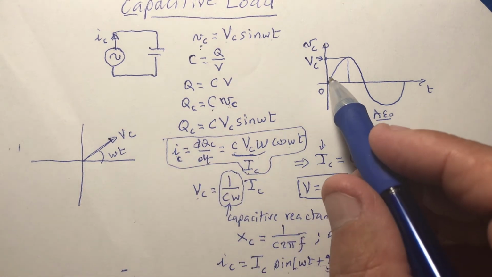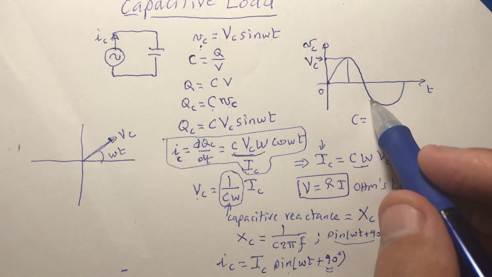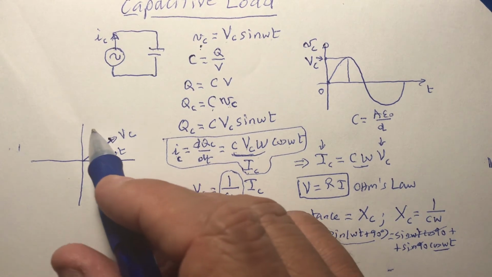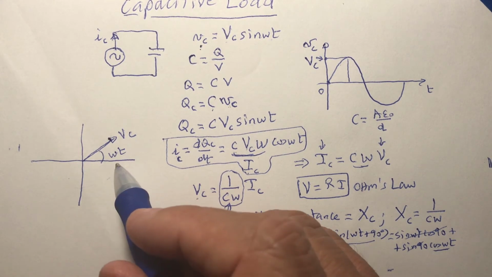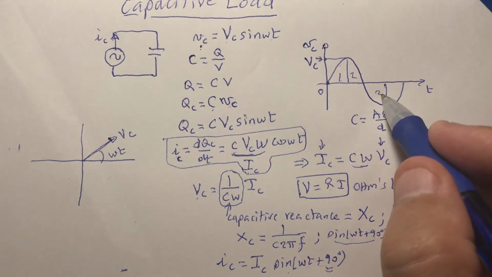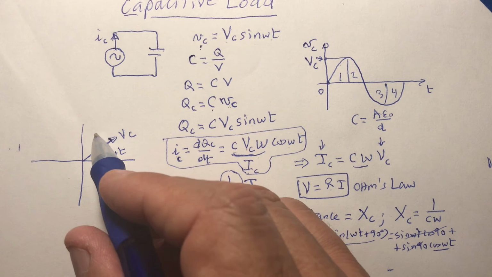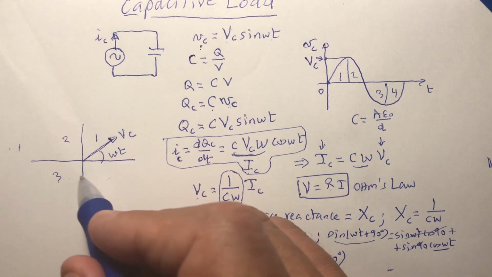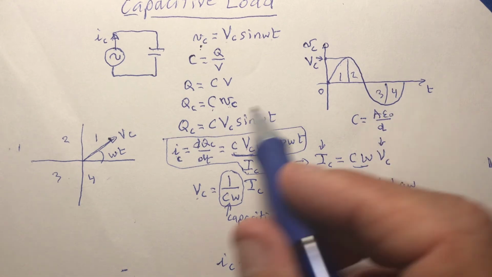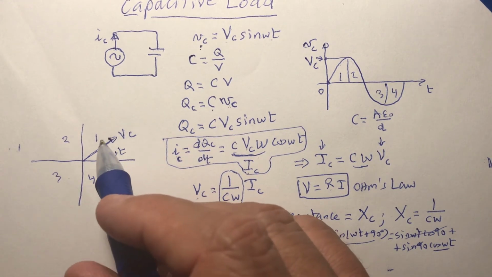So when VC is changing, this phasor is rotating. I told you, if you look at one video before, I have 4 quadrants: 1, 2, 3, 4. So this is the first quadrant, second, third, fourth. So when the wave is going like that, the phasor is rotating.